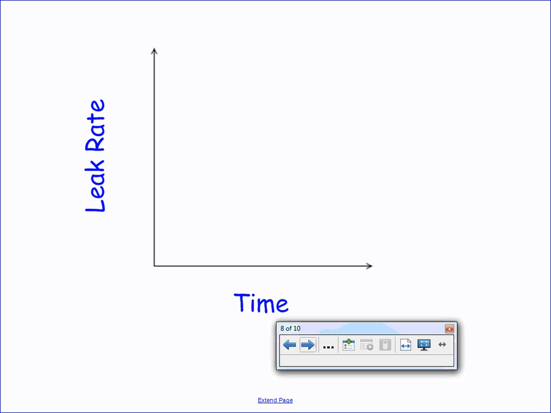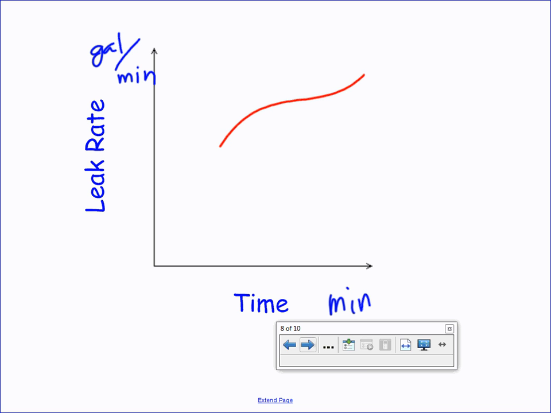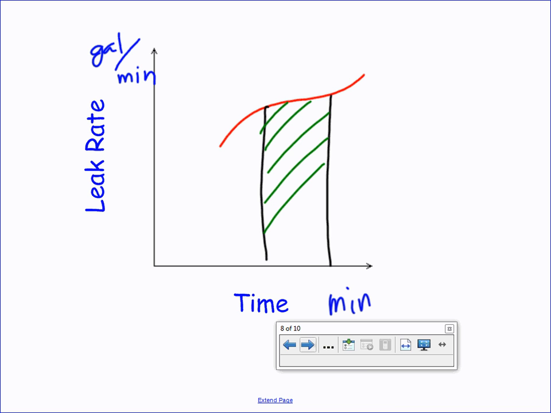So if we had a rate of change like the rate at which an oil pipe is leaking, and let's say that's measured in gallons per minute, and we have some time interval on the x-axis measured in minutes, can we anticipate what the definite integral of that leak rate over an interval would represent? What quantity would be represented by the definite integral? That is a product of dependent variable times independent variable.